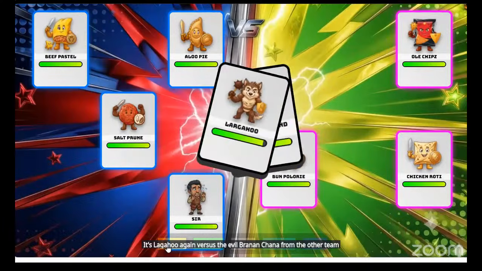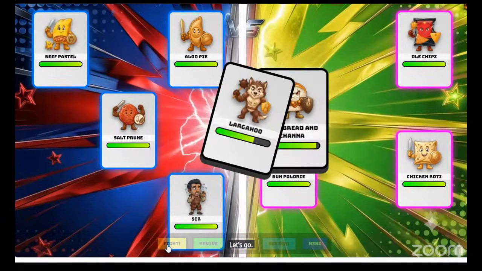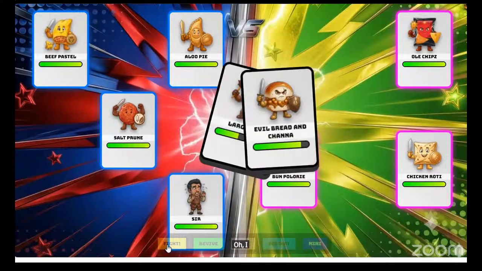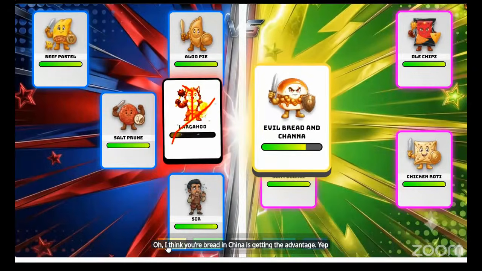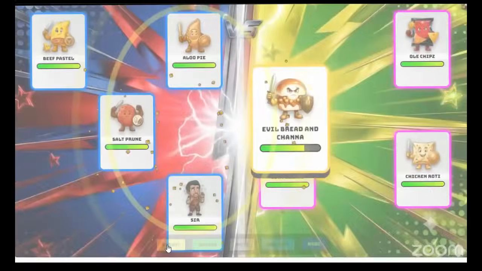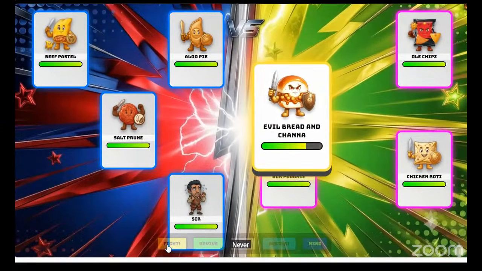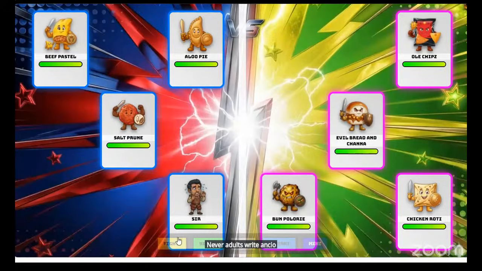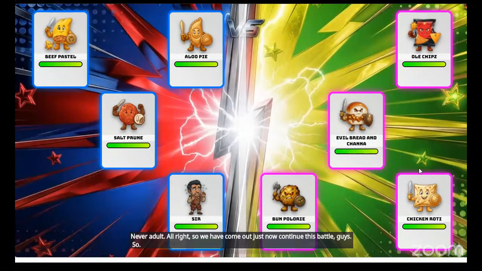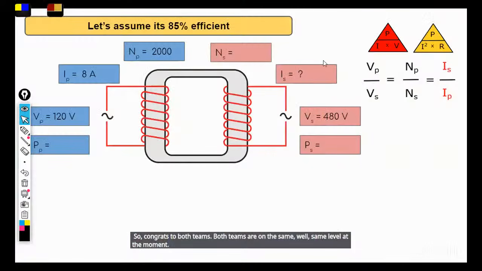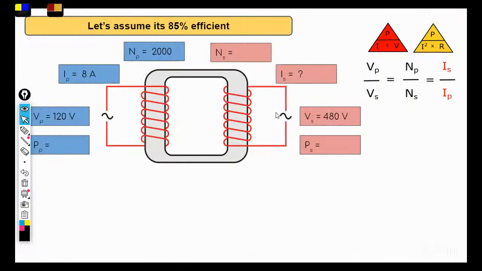Let's go. Oh, I think the bread and chana is getting the advantage. Yep. Never doubt bread and chana. All right, so we'll come back next time and continue this battle, guys. Congrats to both teams. Both teams are on the same level at the moment. Right. Let's move on.